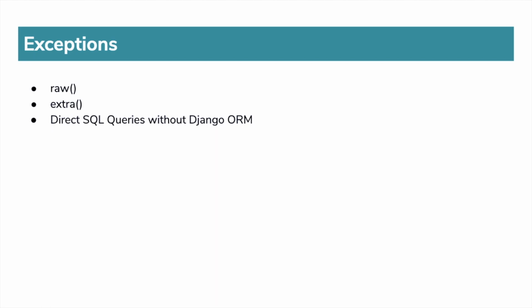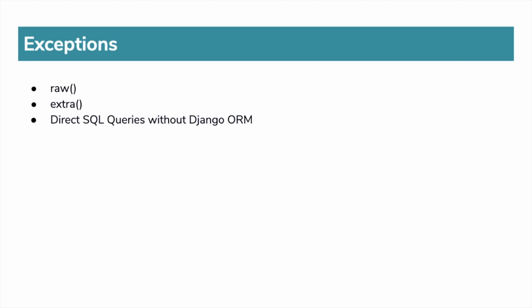So if you are using these two APIs, raw and extra, you will be susceptible to SQL injection attacks unless we implement a few controls. Third, Django allows you to execute SQL queries directly without the Django ORM. In that case also, the responsibility to parameterize our queries lies on us. Django does not do that. So in these three scenarios, we have to be careful.